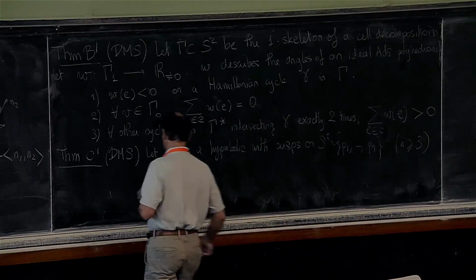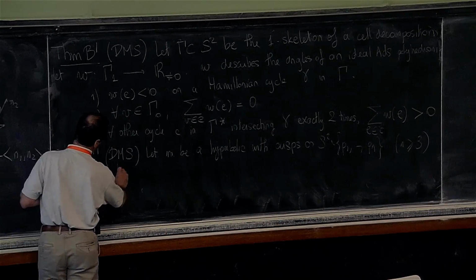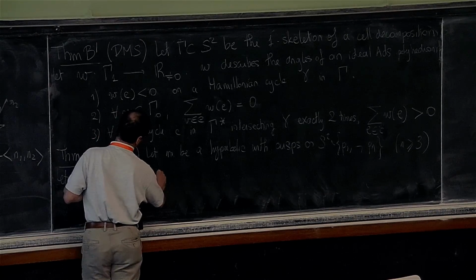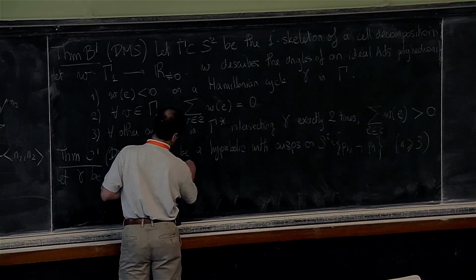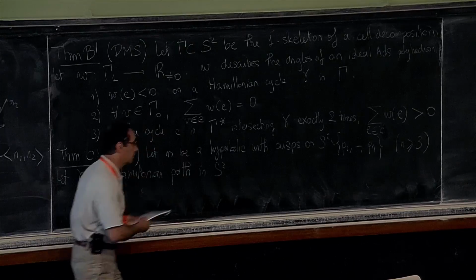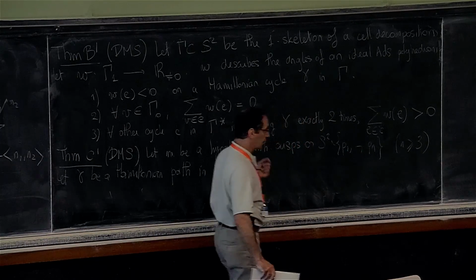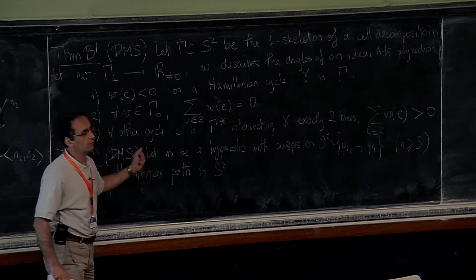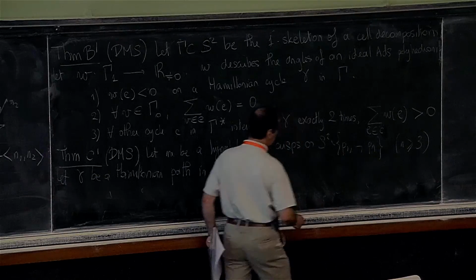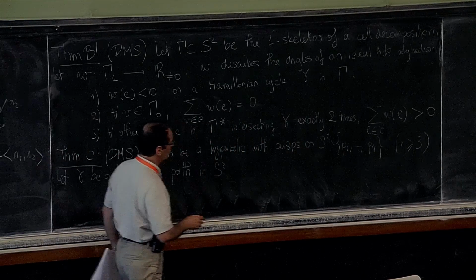And let gamma be a Hamiltonian path in S2. So what I mean by this is I take a path going through all the PIs exactly once, and I want to consider it up to isotopy fixing the endpoints. Yeah, fixing the marked points, right? So you want to know where this path goes, if it goes to the left or to the right of a given PI.